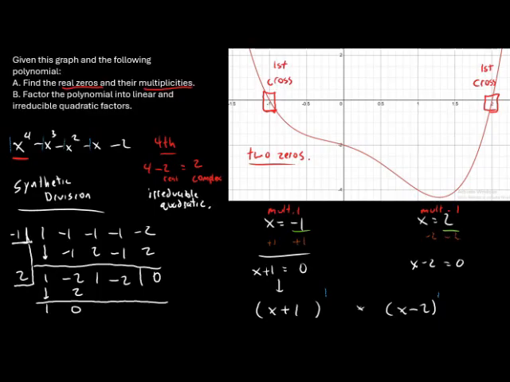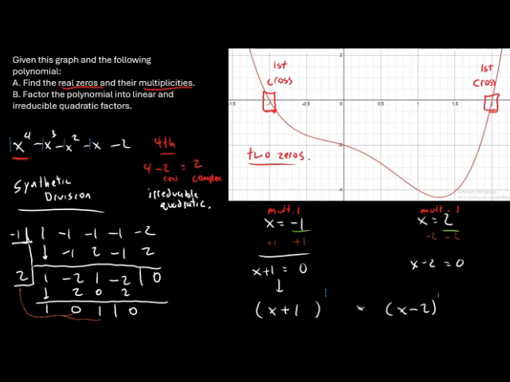We'll now take that 0 times our 2. That gives us 0. And then 1 plus 0 is 1. We'll take that 1 once again times our 2, giving us +2. And then -2 plus 2 gives 0. This means both of our real zeros divide our polynomial evenly.